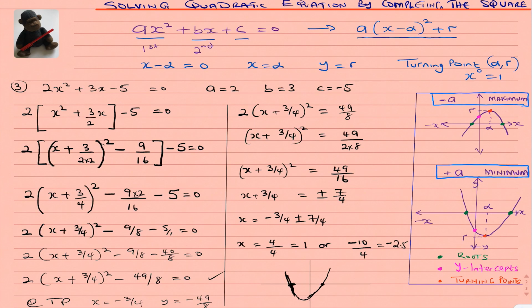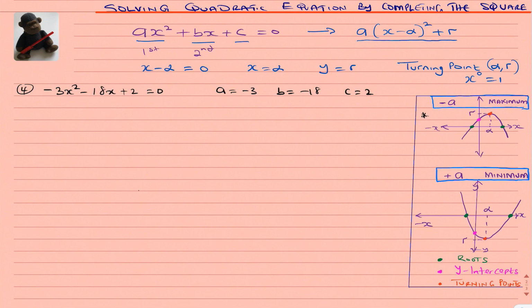Intercept here is, and the turning point here, and those are your roots, which is 1, and another root here minus 2.5, and your intercept here is C, which is minus 5. So that's how you sketch the curve.